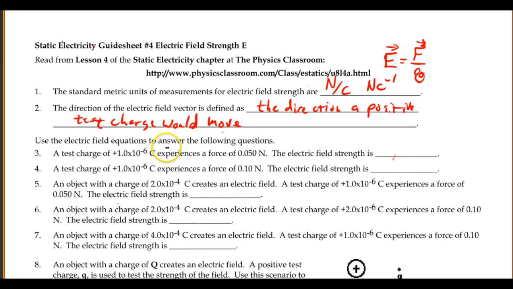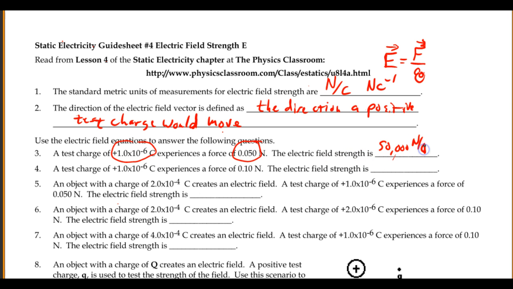Okay, so we're just going to use force over charge to calculate the electric field strength here. Here it's going to be force 0.05 newtons divided by charge, positive 1.6 times 10 to the minus 6 coulombs, which is going to give us 50,000 newtons per coulomb.